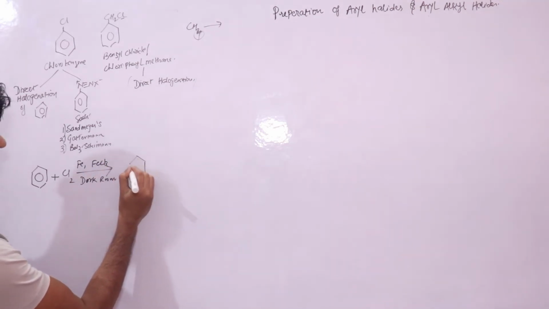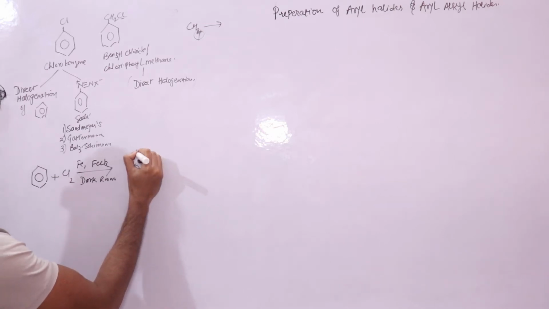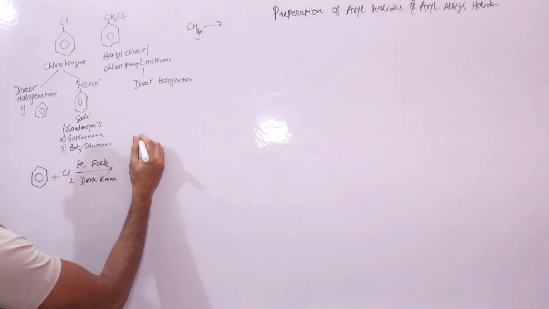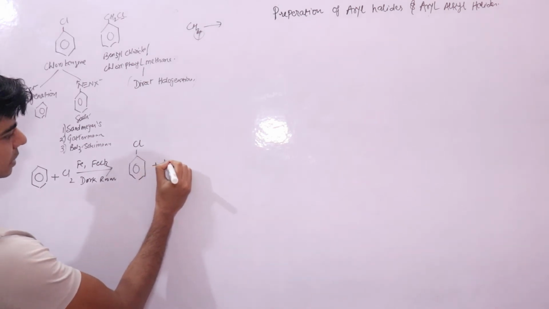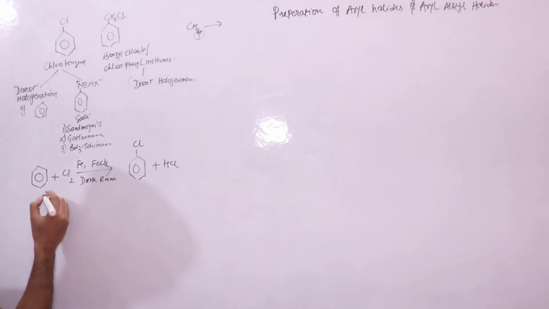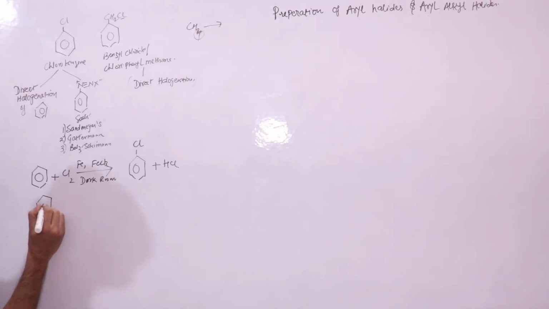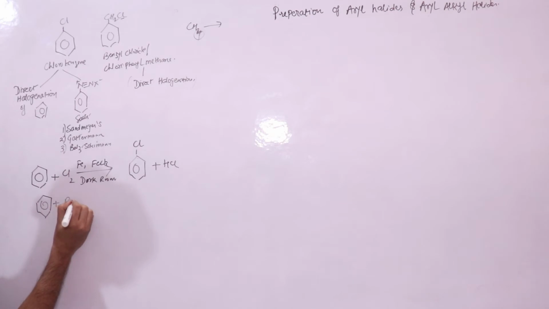It forms this compound, chlorobenzene, plus HCl. Similarly, to prepare bromobenzene, you take bromine.